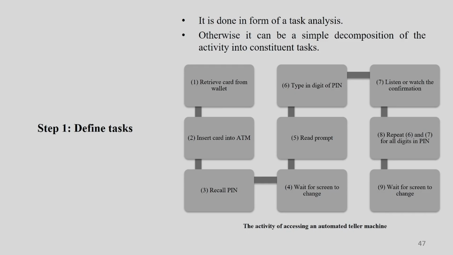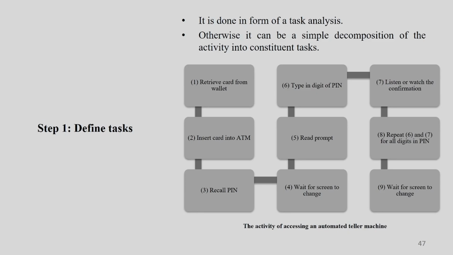Then whatever information is displayed on the screen, you have to read it promptly. Why promptly? If you look at the ATM behavior, if you don't respond within a certain amount of time, the whole system will start from the beginning. That is why I mentioned to read the instruction very promptly, then type in the digits of that particular pin.